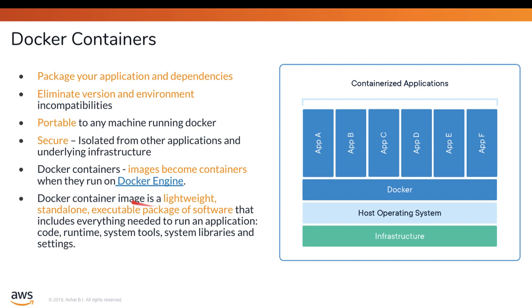As I said, a Docker container image is very small, lightweight, standalone, and an executable package of software. It includes code, runtime, system tools, and system libraries, but specifically for the application that is running on the container.